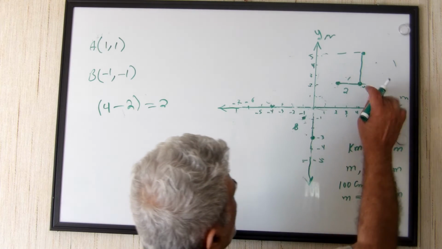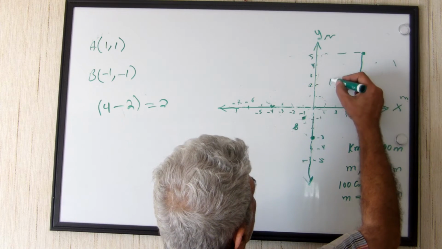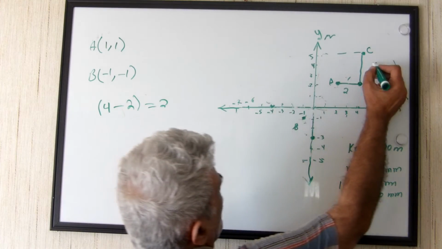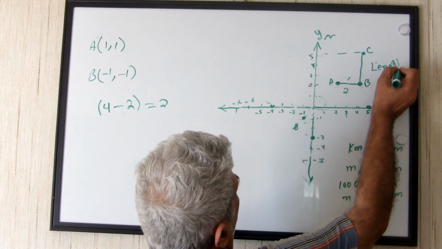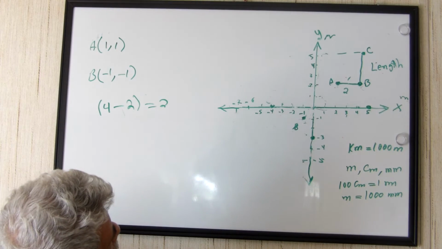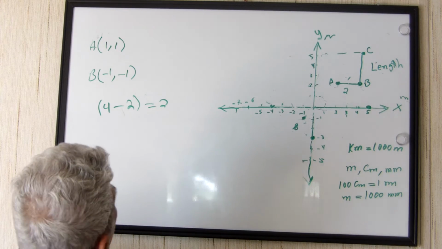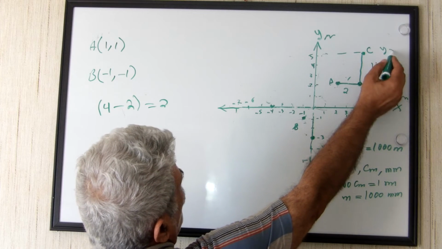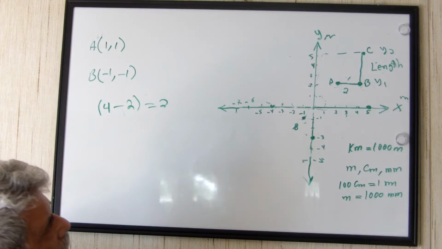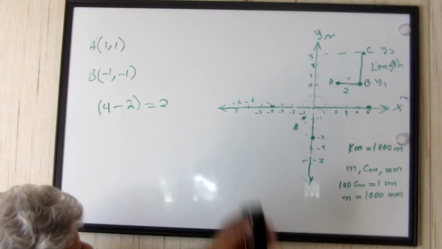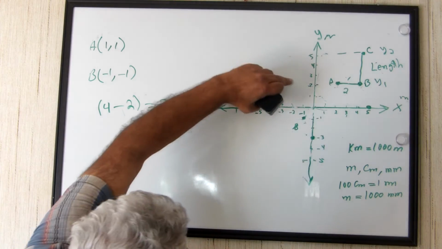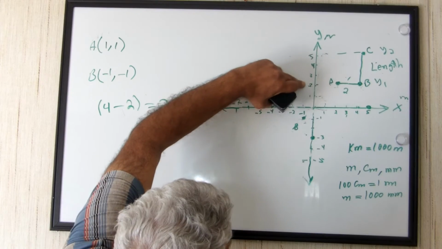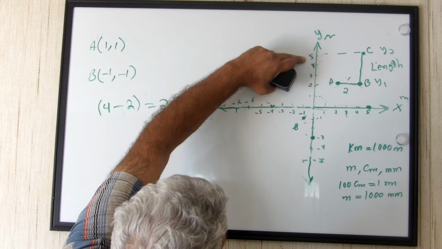Now if you have points B and C and you want to find the length of BC, what we do is use y1 and y2. It goes from y1 up to y2, where y1 is 2 and y2 is 5.